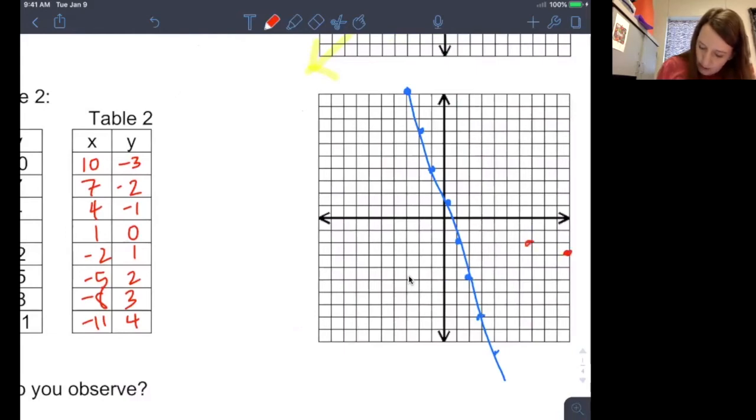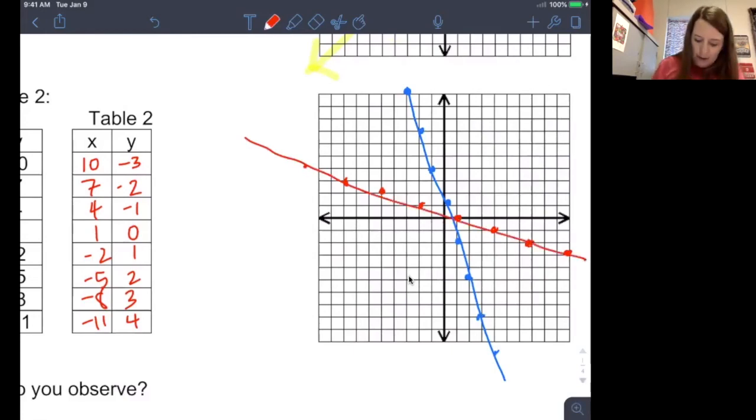So -2, 4, -1, 1, 0, -2, 1. -5, 2. -8, 3, and then -11, 4. So you'll see that this is a straight line. Well, if I would have gone through the points as a straight line.